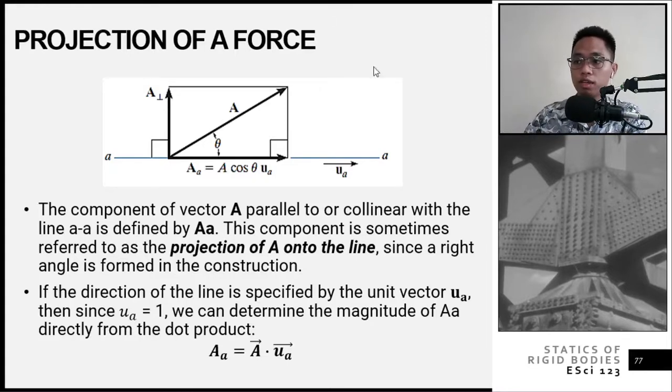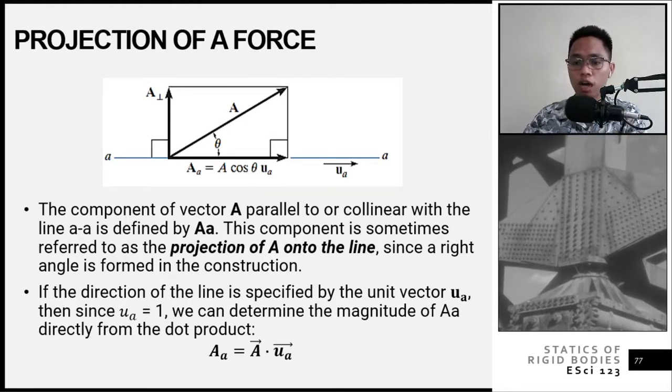The magnitude of the force is simply the magnitude of this force A, in italics. Since we want the magnitude parallel to A, it is A cosine theta. That is only the magnitude, a scalar.